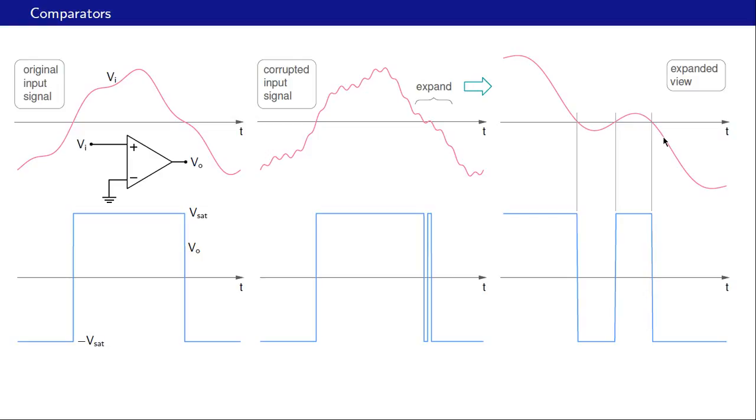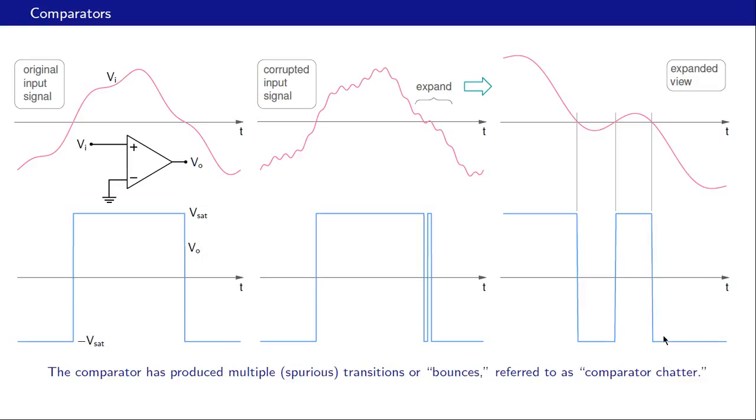And because of that, the output transition is not just 1 but 1, 2 and 3. And this is definitely not desirable. So what has happened is the comparator has produced multiple spurious transitions or bounces, which are referred to as comparator chatter.